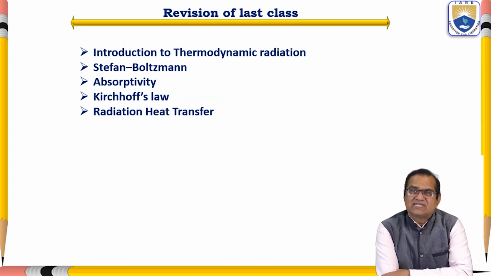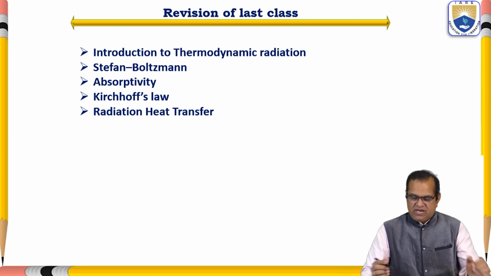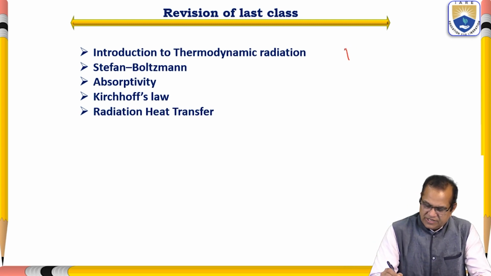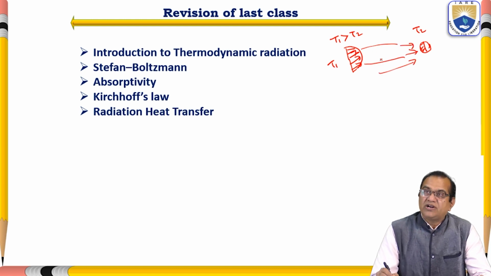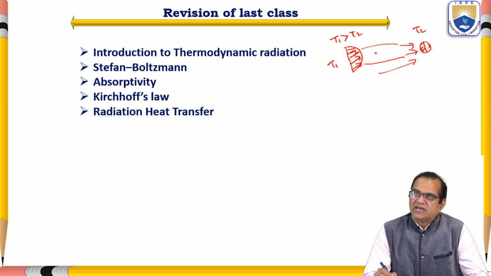In the previous class, I discussed the introduction to thermal radiation. This radiation depends on the temperature. If this is one body, it is radiating some heat, and here is another body which is also radiating. If T1 is greater than T2, the heat will be emitted, and this heat does not depend upon the atmosphere.